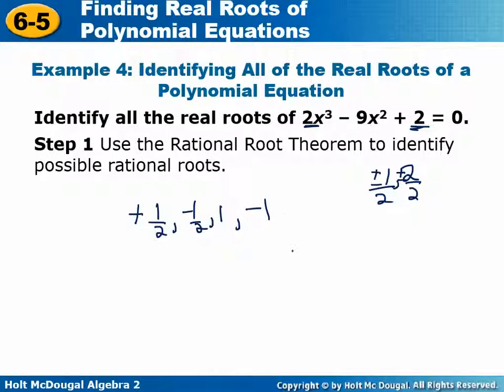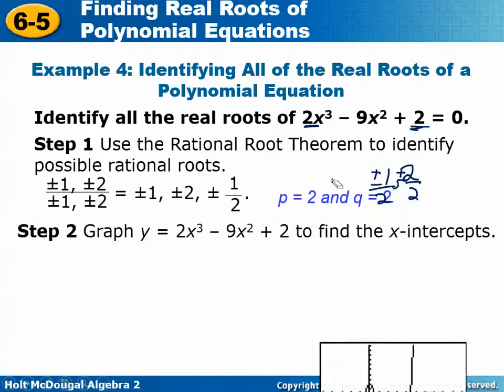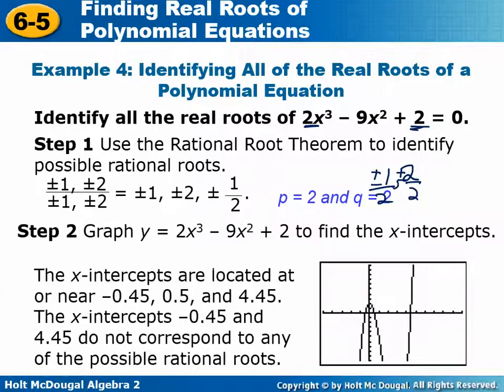So now you can use synthetic division to check those, or you can use long division, whichever you prefer, and figure out which ones work. I mean, something must work, right? You can also graph it to see where it's crossing. And when you look at it, none of these work.